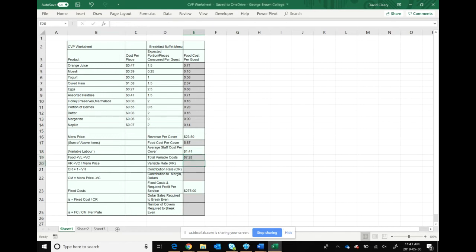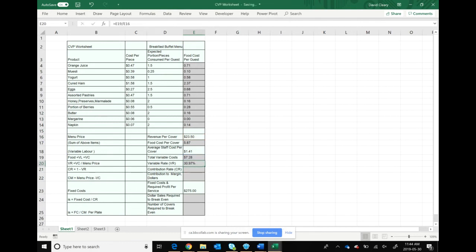Now we want to calculate the variable rate. As shown in the lecture, and the equation's right here, your variable rate is your variable cost divided by the menu price, or by sales. So what we're going to do here is take our total variable costs and divide it by our menu price of $23.50. We get 30.97%.